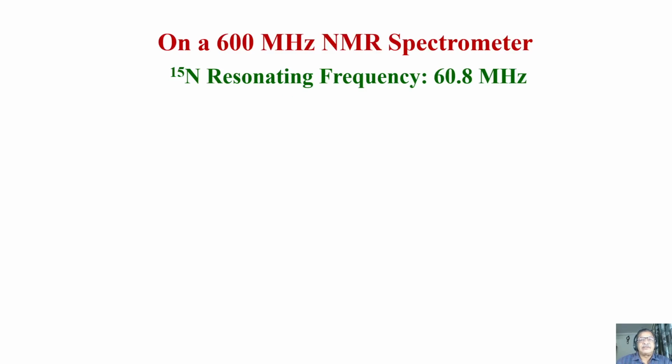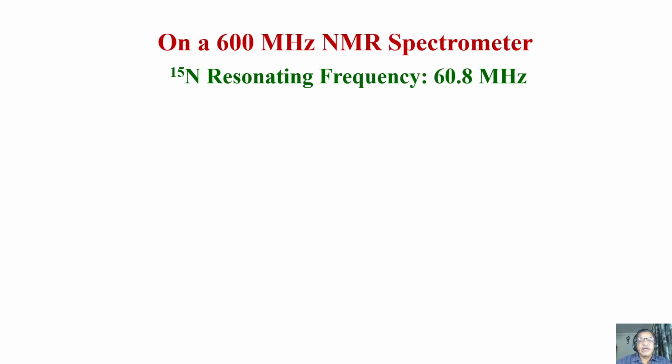Remember, in the last class we discussed the conversion of ppm to frequency and vice versa. Just before continuing further, this being an important point, let us recapitulate with one or two slides about the process of conversion from ppm to frequency.